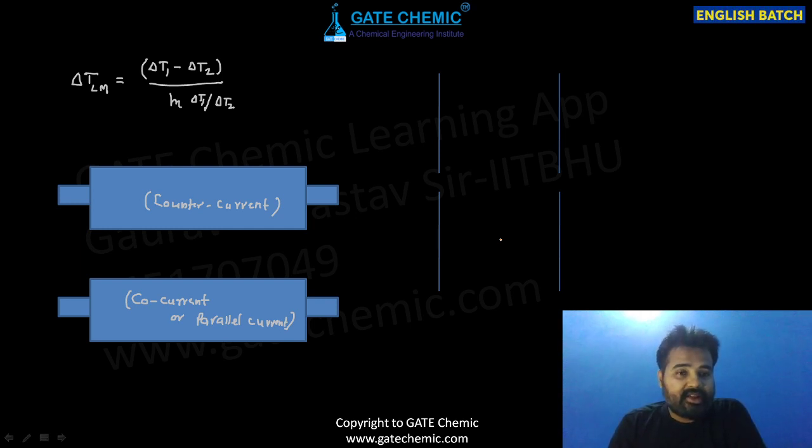Okay. Now, counter current, co-current or parallel current. This is a shell side fluid. Okay. First one is counter current, so just draw it from the other side, or you can show the same thing for both cases, like here entering, exiting.